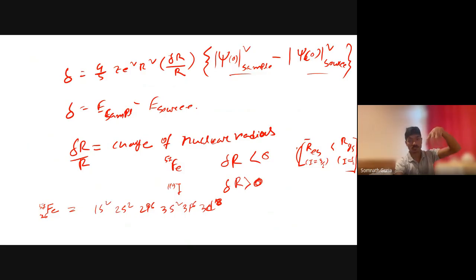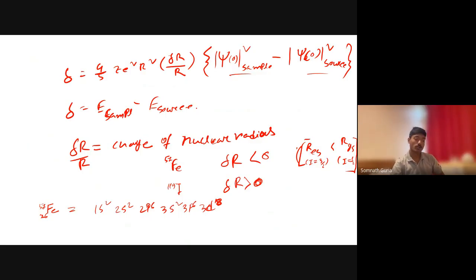In a complex, the iron actually makes a complex and forms molecular orbitals, where my 3d orbital is lower in energy and the 4s orbital is higher in energy. In that case, the electron distribution comes to the 3d orbital only.